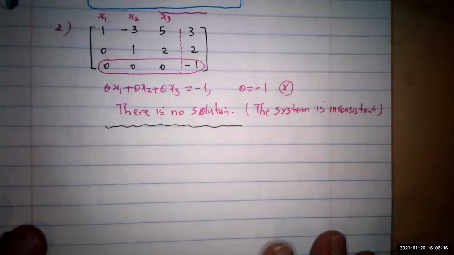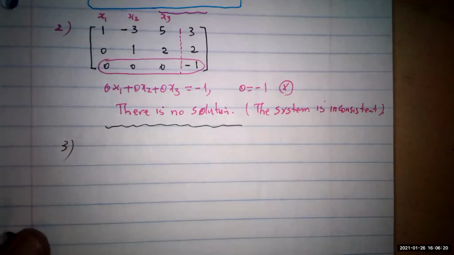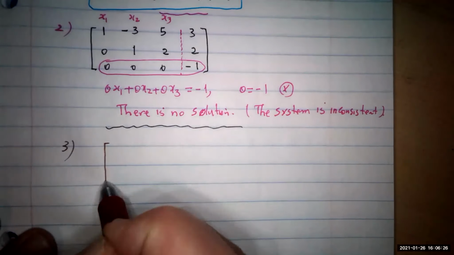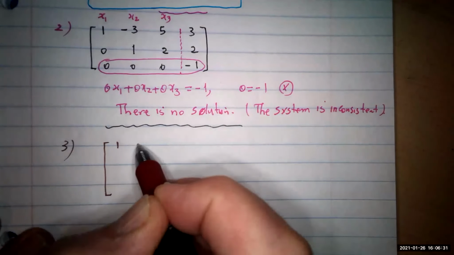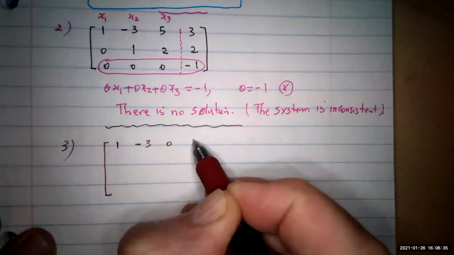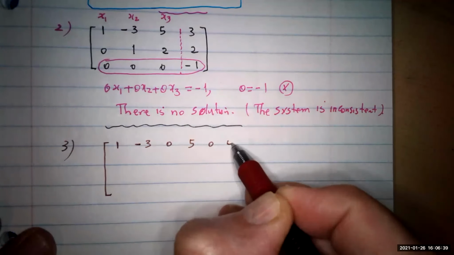Now, sometimes we may get this one. Again, a system is given to you. We have the augmented matrix, and we did the simplification, everything. We arrive at this matrix. The first row is going to be 1, -3, 0, 5, 0, and 4.